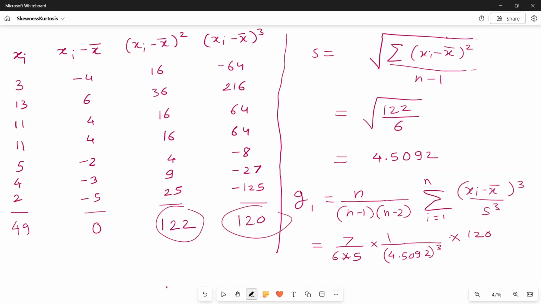So let's calculate this. Here we have 4. So 7 into 4 divided by this. So 28 divided by this comes out to be 91.68.